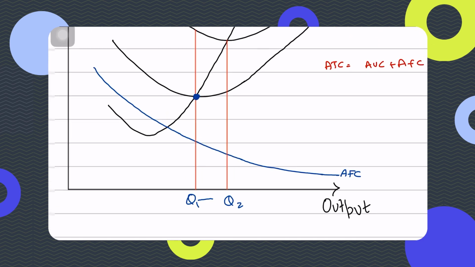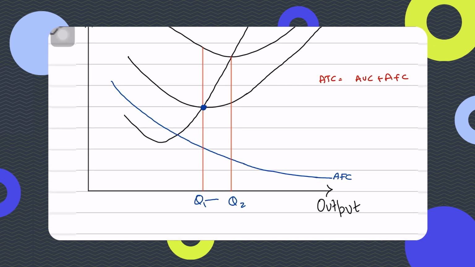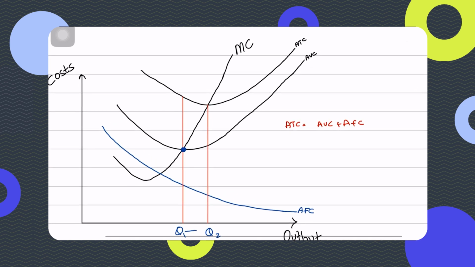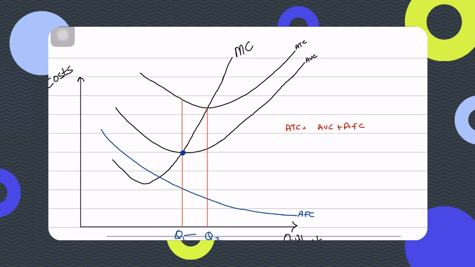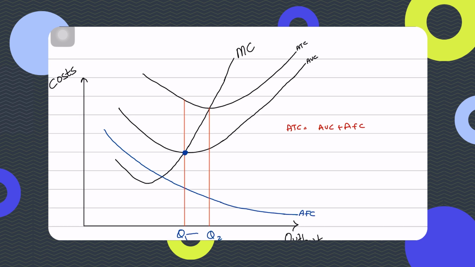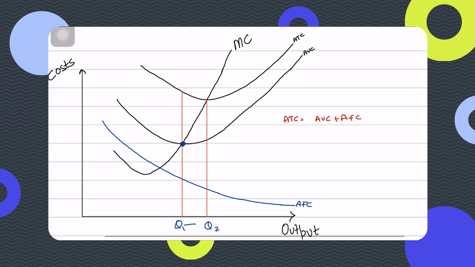What you notice over here is that the average total cost curve is above the average variable cost and it declines, but it declines for a longer time before reaching its minimum point, while AVC reaches its minimum slightly before. So AVC reaches its minimum earlier at a smaller output, while ATC reaches its minimum later at a larger output of Q2 as compared to Q1.